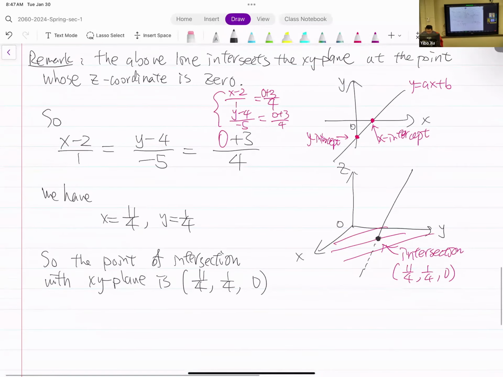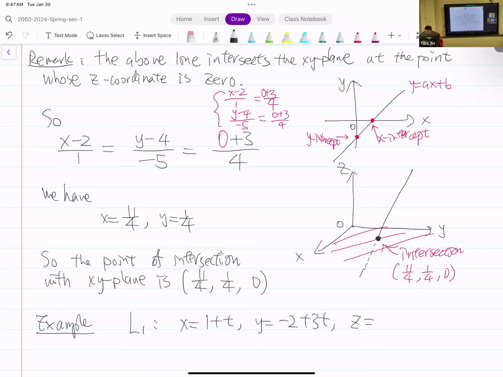Next example. Now, in this situation, we have two lines. We have one, L1, with the parameter t. So it's going to be x equals 1 plus t, y equals -2 plus 3t, and z equals 4 minus t.